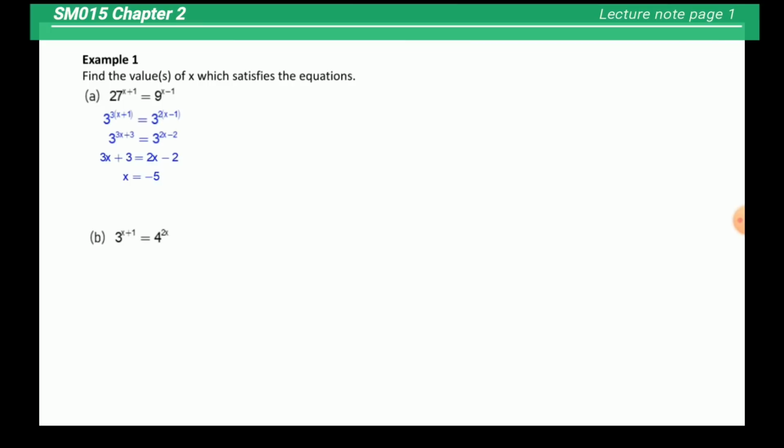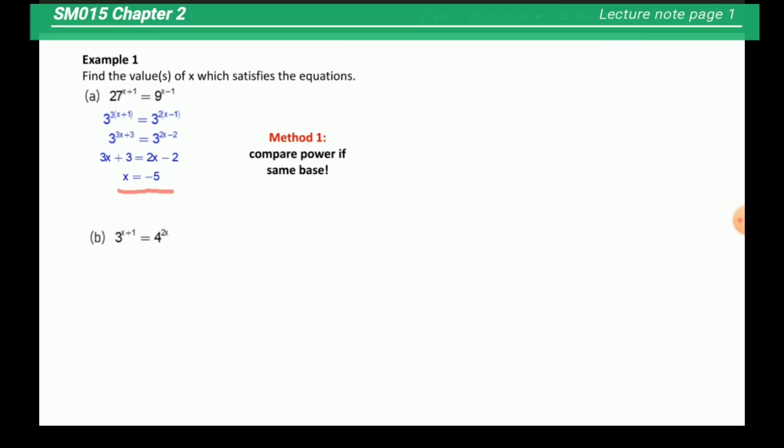Now solve for x, you get x equals negative 5. So the method we use here is to compare the powers if same base, method number 1.